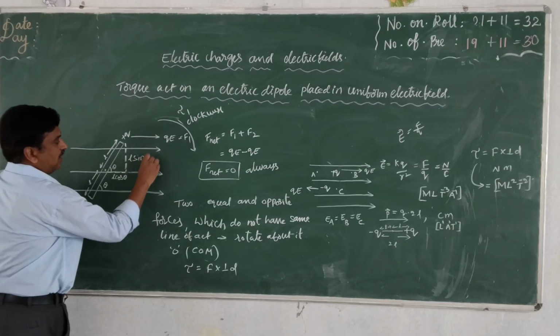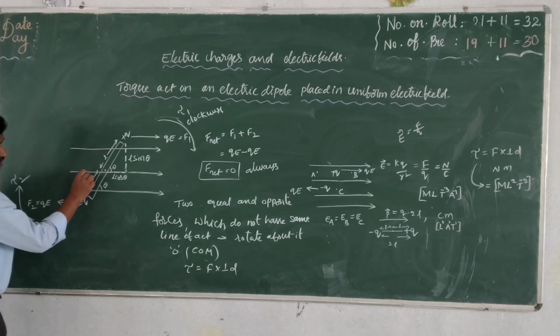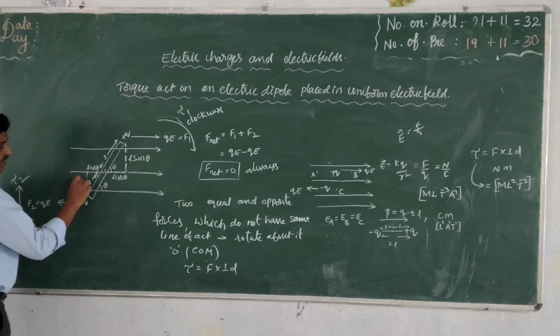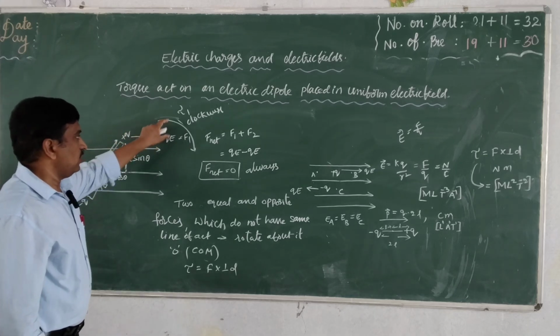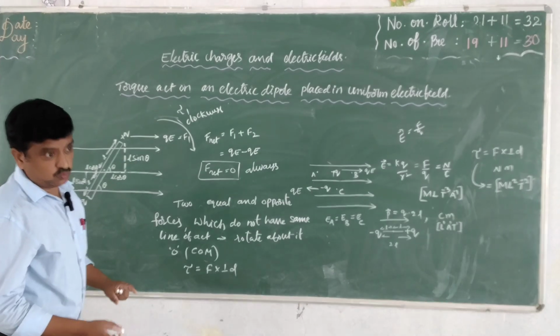See here, this is the perpendicular distance for the minus q. The perpendicular distance here makes an angle theta, it is L cos theta and L sin theta. Here also there are two components, the side adjacent to theta is L cos theta, and the opposite is L sin theta. See here, force QE, torque is force into perpendicular distance.